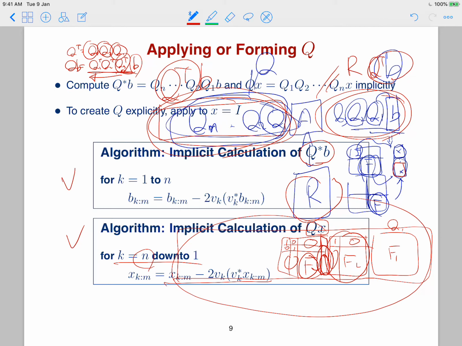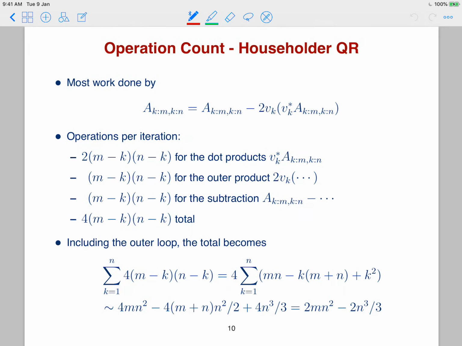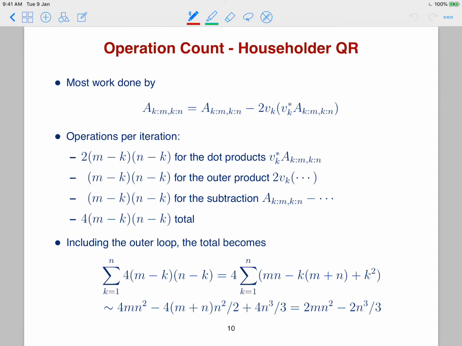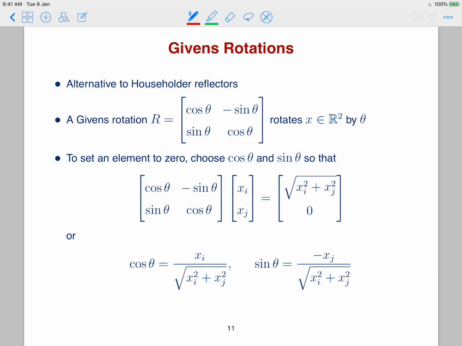Any questions so far? Okay, so that is the Householder QR decomposition. Let's take a break and then continue a little bit more on this QR decomposition using a different method. Let's start at noon.